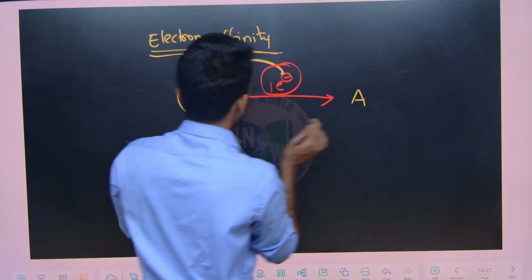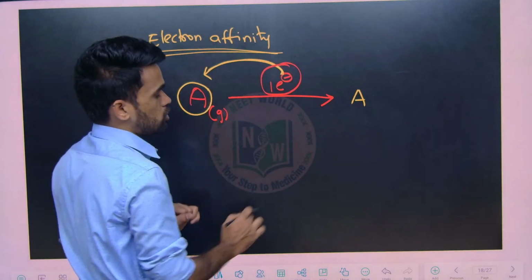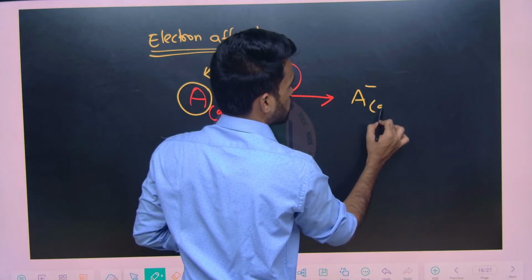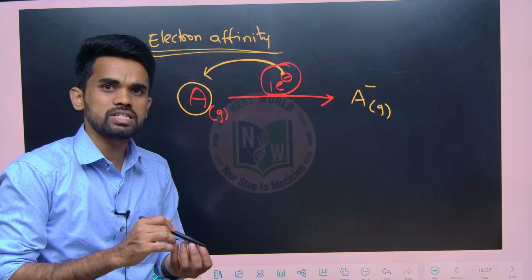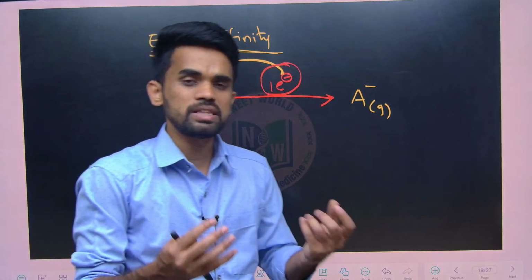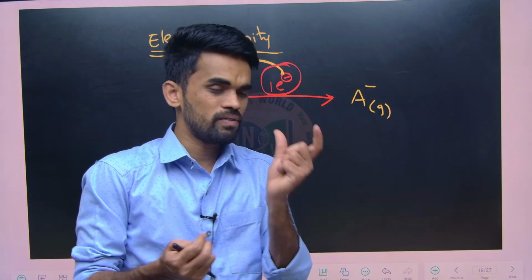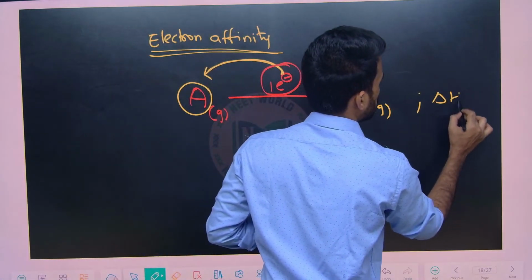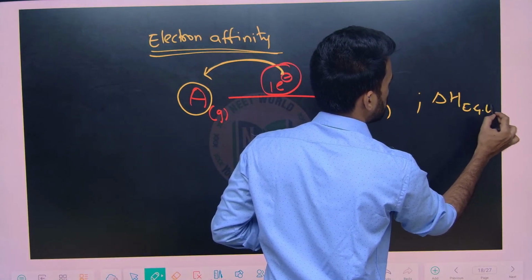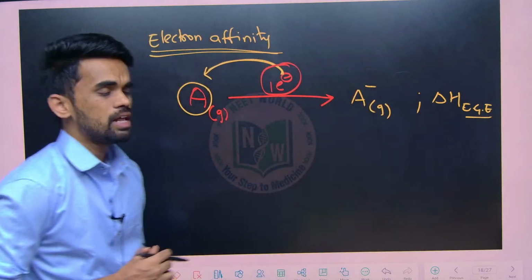The atom becomes A minus. During this process sometimes it releases energy, sometimes it absorbs energy. That energy change is called electron gain enthalpy. Okay, like this we can write.